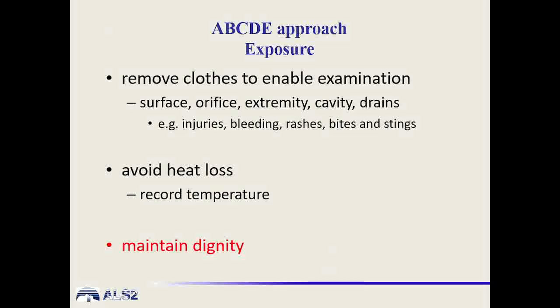So, exposure, you expose the patient while maintaining dignity and avoiding heat loss, and also you have to check the patient for injuries or any other issues: surface, orifice, extremities, cavities, and veins, we have to check.